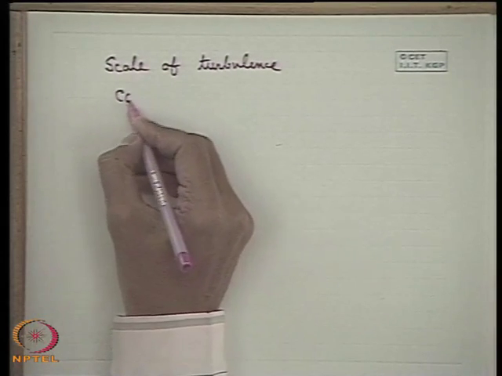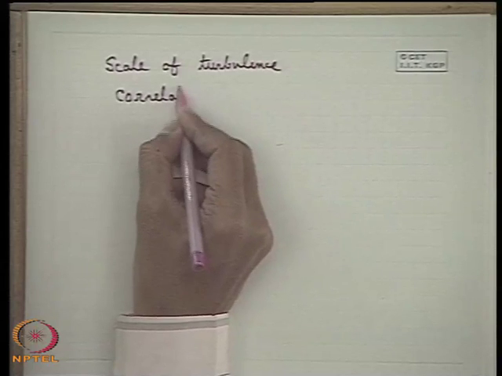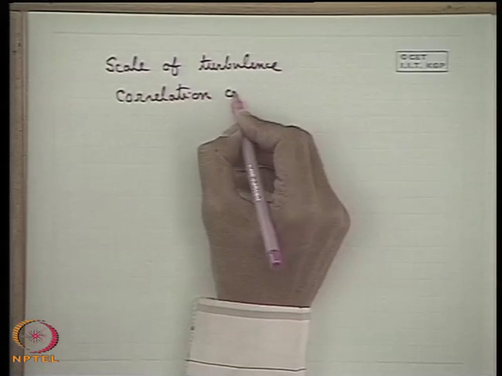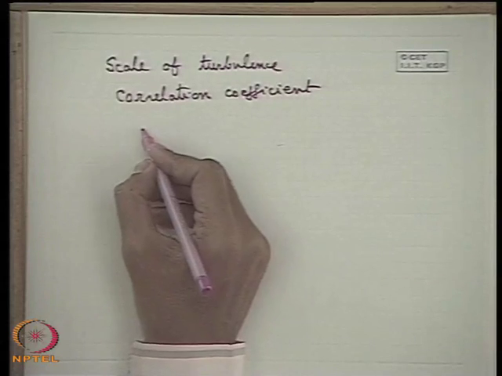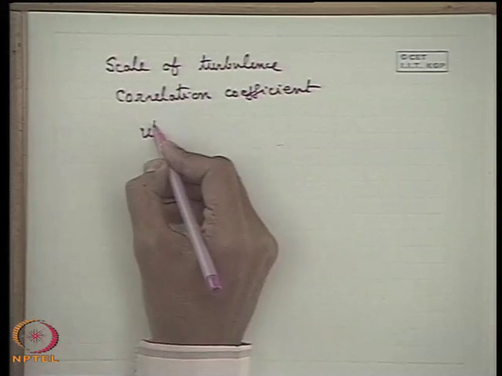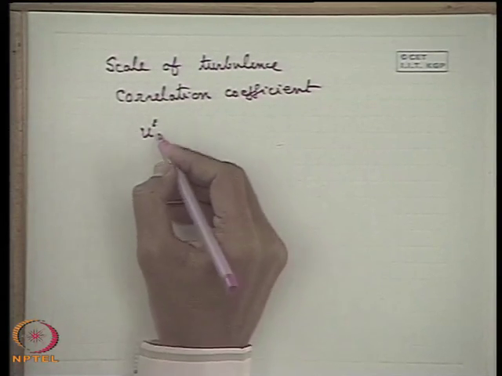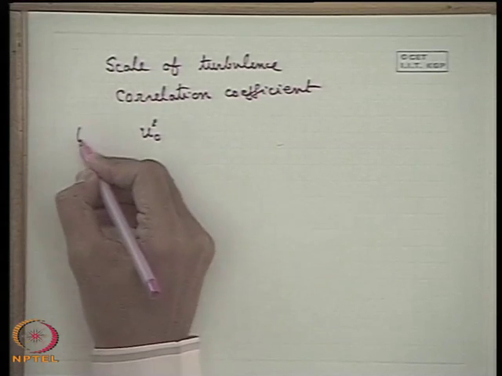Before that, what is the correlation coefficient? Now, let us consider the velocity component is a one directional velocity, u dash, fluctuating component at any time t is equal to 0.